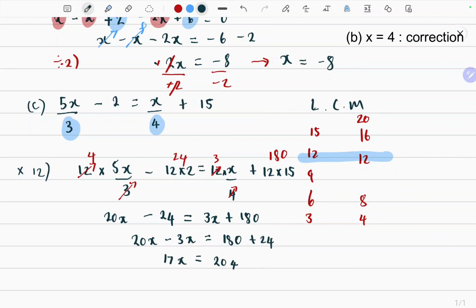Therefore 17x gives you 204. When we divide both sides by 17, 17 and 17 cancel out. This implies that x should be equal to 12.